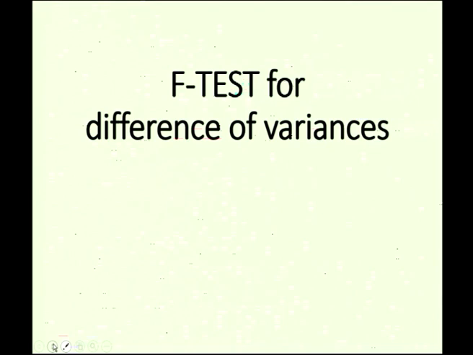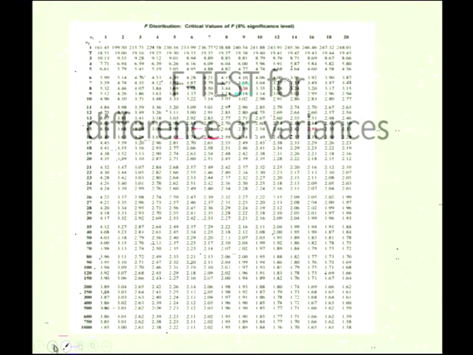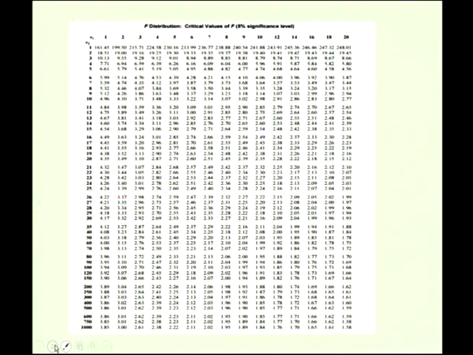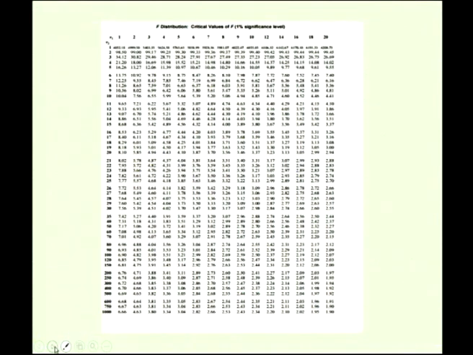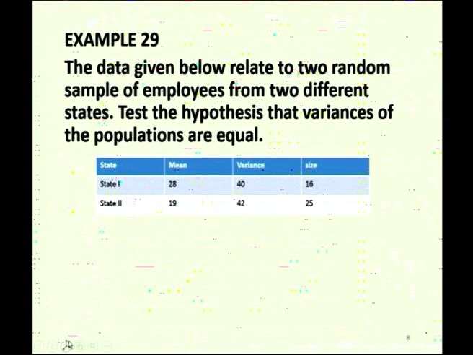So, F test for difference of variance, the tabulated values are already given at 5% level of significance separately and at 1% significance level separately. So, after working out 28 examples in test of significance and sampling distributions, this is the next example. Let us see how this problem is worked out.